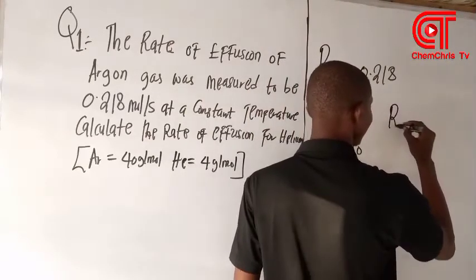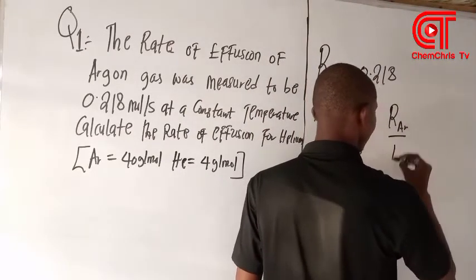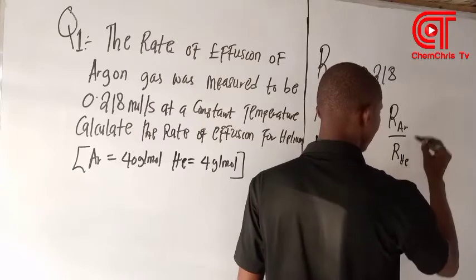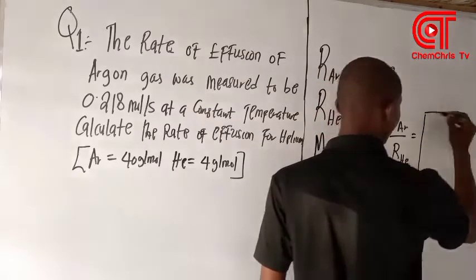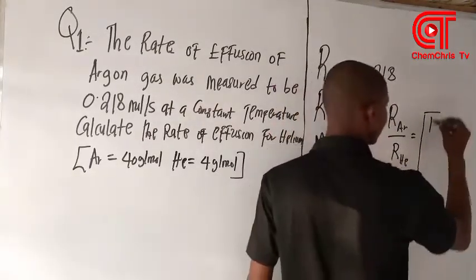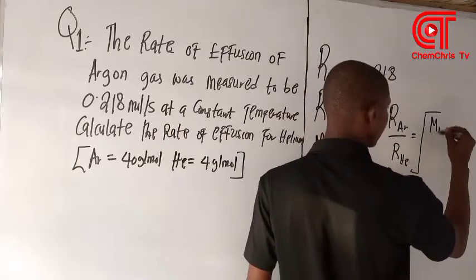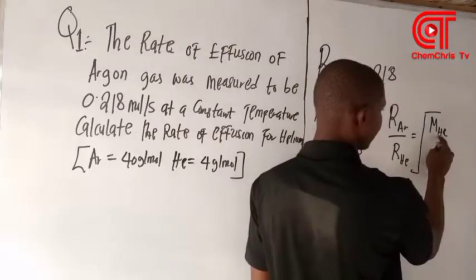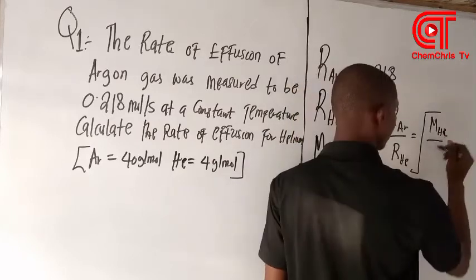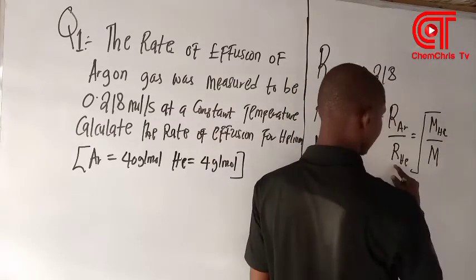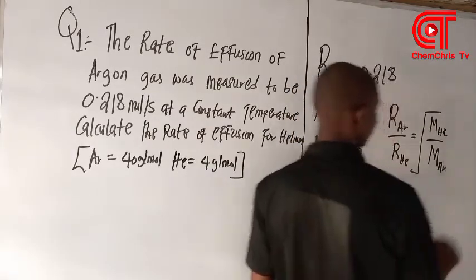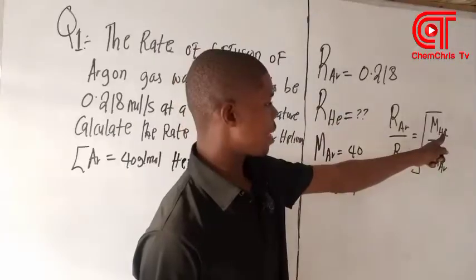We have rate of argon over rate of helium equals the square root of, remember, the molar mass of helium now comes to the top, over the molar mass of argon. You get. So this is the formula I was using.